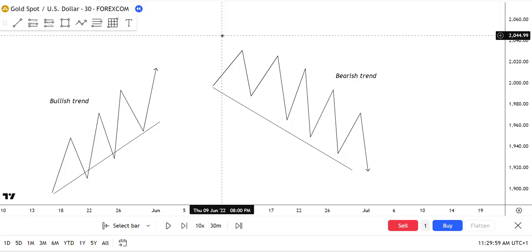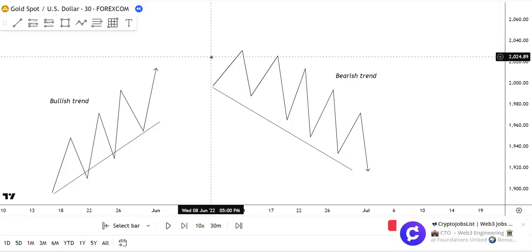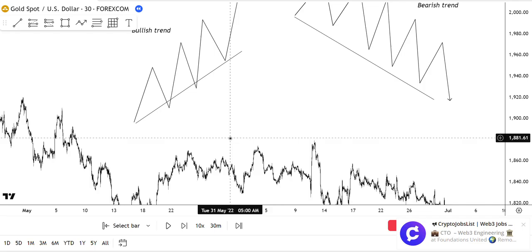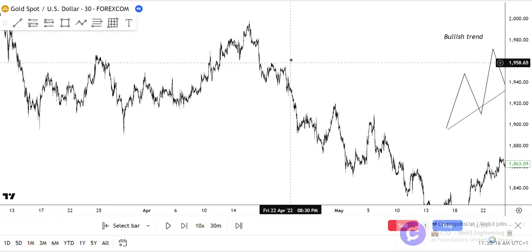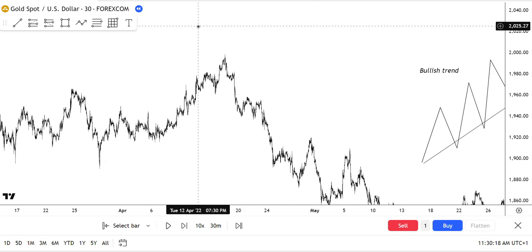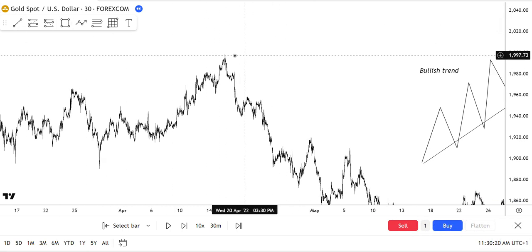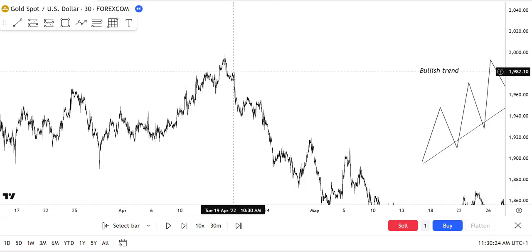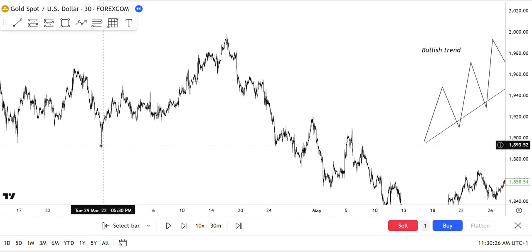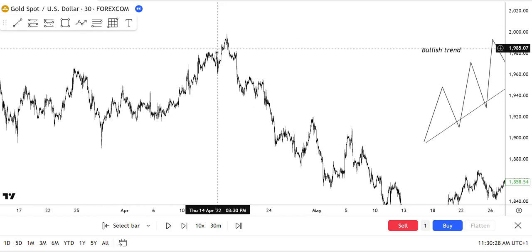Now, I want us to be aware that there are valid higher highs and valid higher lows, and at the same time, there are valid lower highs and valid lower lows. I'll show you an example on the chart. In this particular situation, we have this high here, and this is the low that created the high.